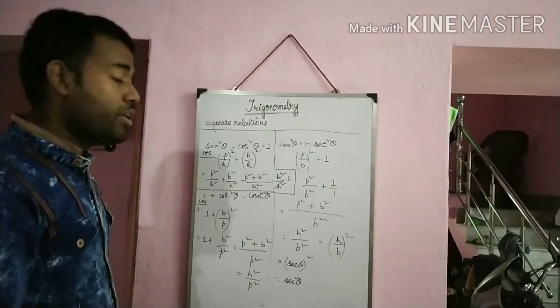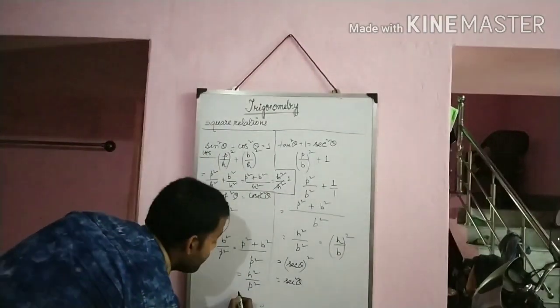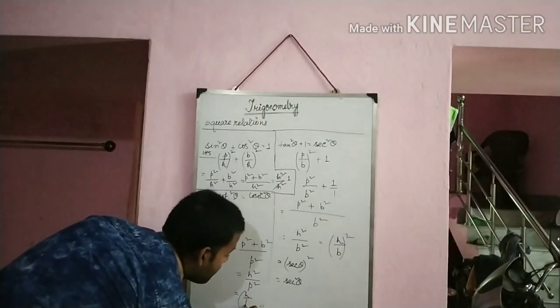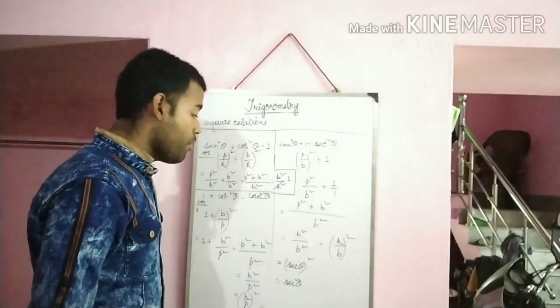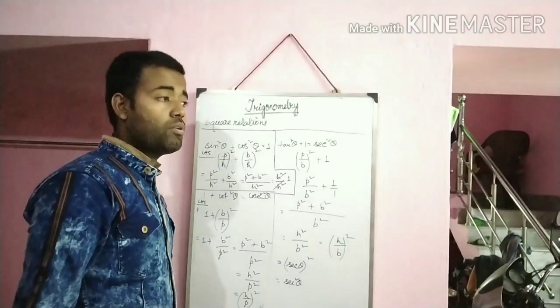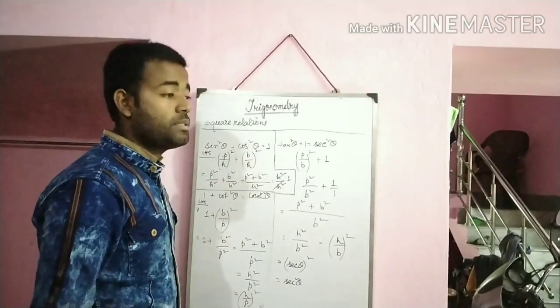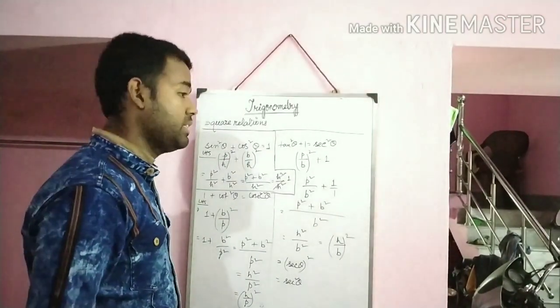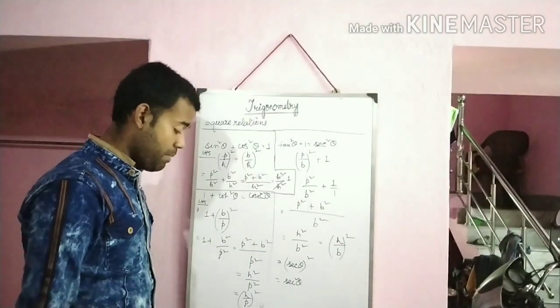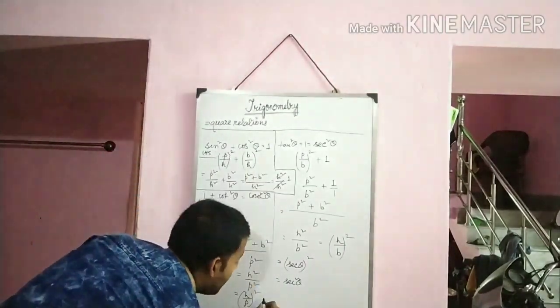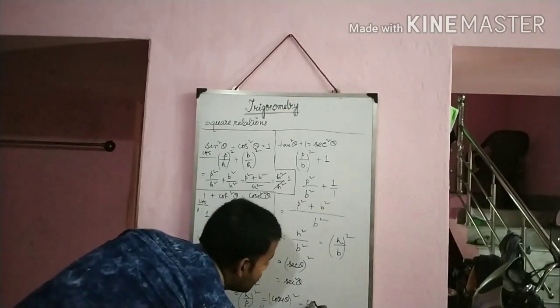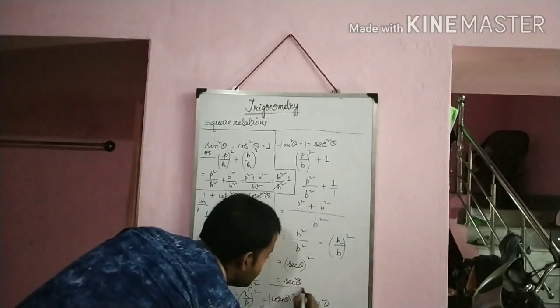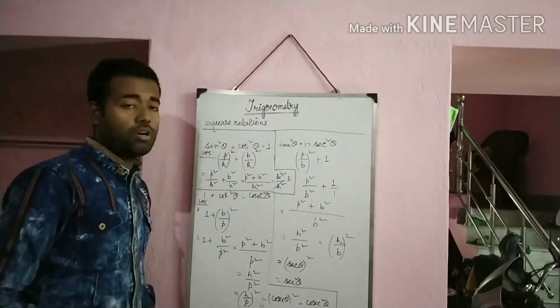So finally we are getting hypotenuse by perpendicular whole square. Now what is hypotenuse by perpendicular? We know that sin theta is perpendicular by hypotenuse, and the reciprocal of sin theta is cosec theta. So it will be hypotenuse by perpendicular. So this will become cosec theta whole square, so it is becoming cosec square theta. In this way we have done our third proof also.